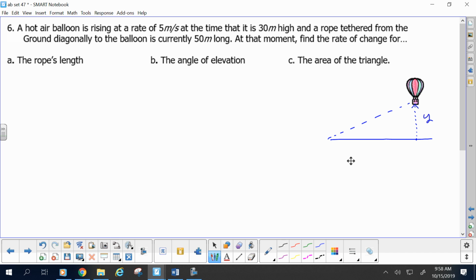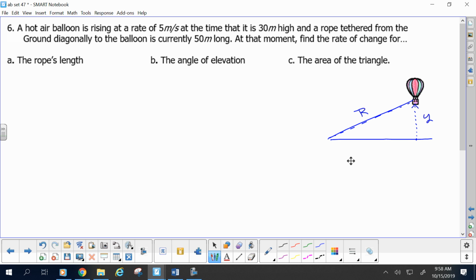It's tethered to a rope diagonally that's 50 meters long. So this is the rope. Is it always 50? If the balloon rises, will that rope have to change? If it doesn't change, then the balloon would have to stop, and we don't want that. That makes the problem harder.